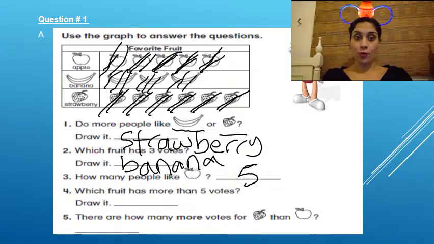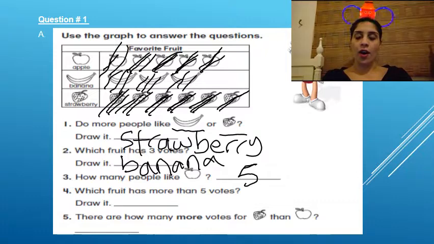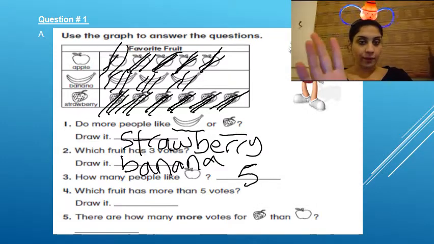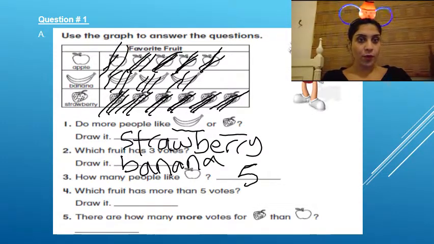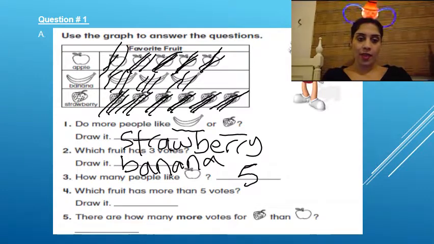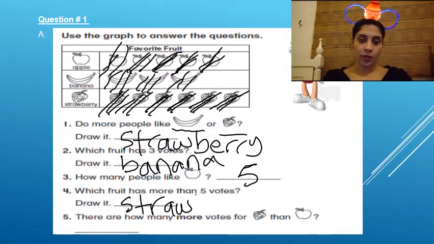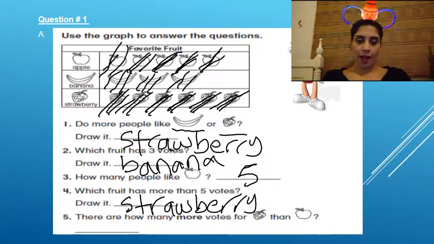Let's try the strawberries. 1, 2, 3, 4, 5, and 6. There are 6 people, or more than 5 votes, for strawberry. Then strawberry here got more than 5 votes.